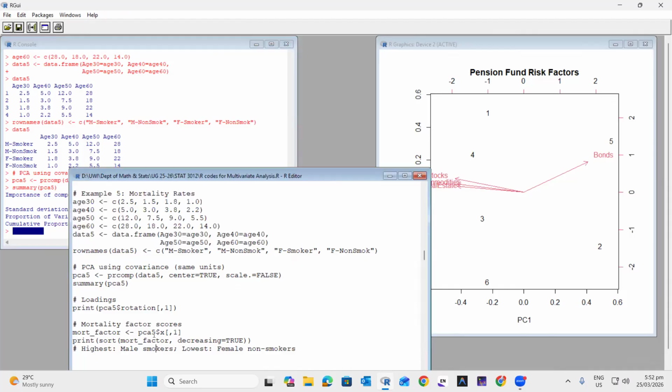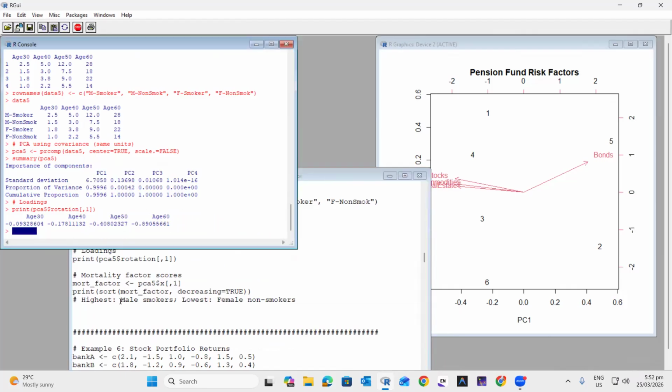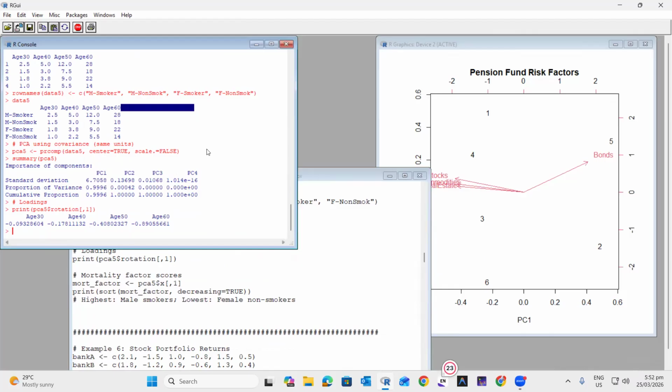All right. And we check the loadings here. So loadings are minus 0.093, minus 0.178, minus 0.40, minus 0.89, and so on. So all loadings are negative with magnitude increasing with age.